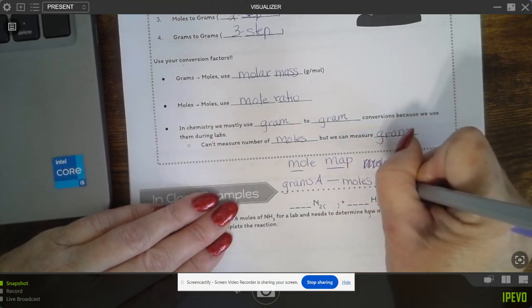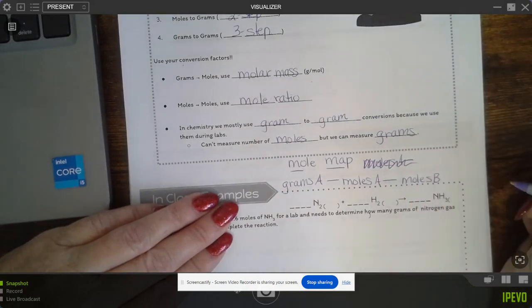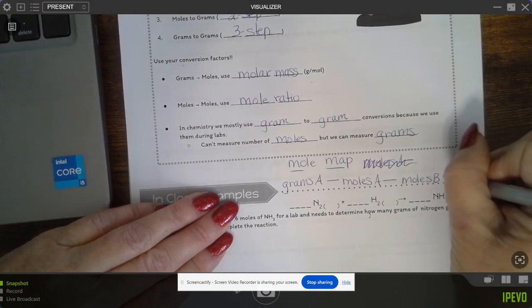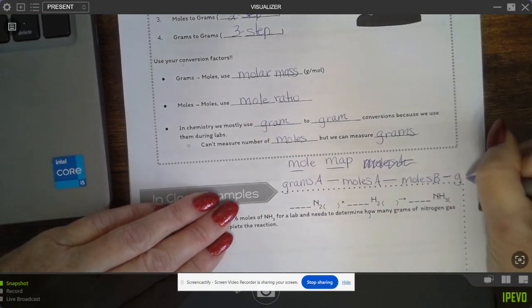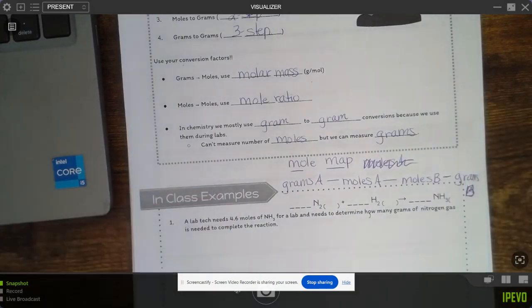We can then convert moles of A to moles of B using the mole ratio. And then finally, we can convert moles of B to grams of B, again using the molar mass of compound B.